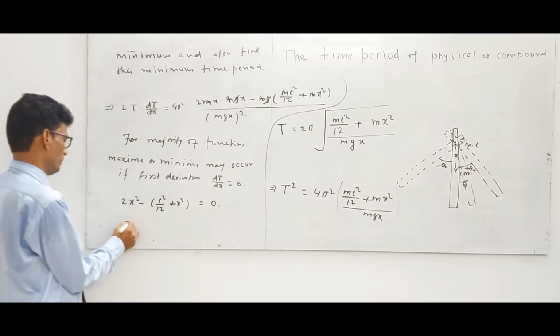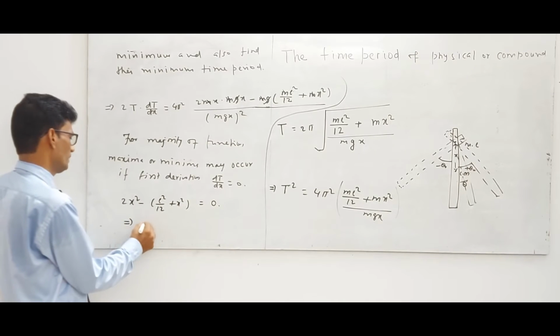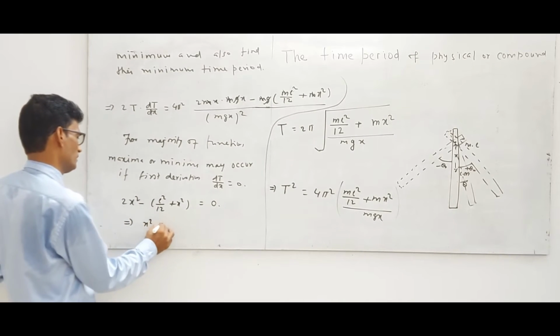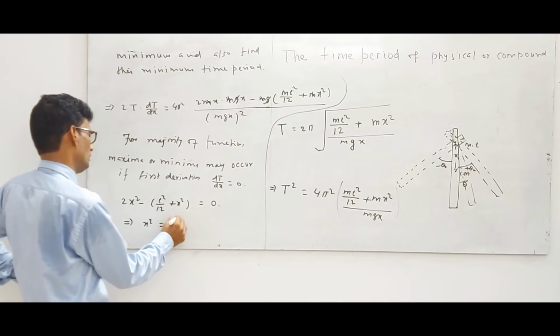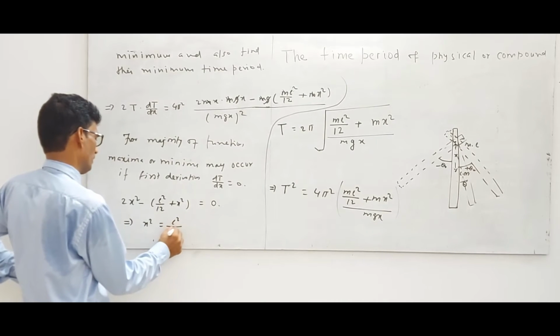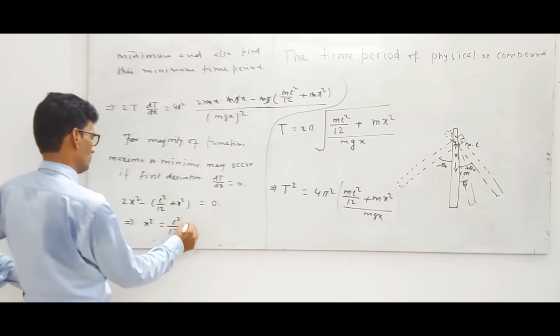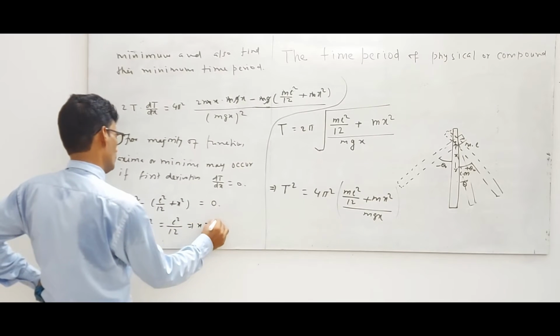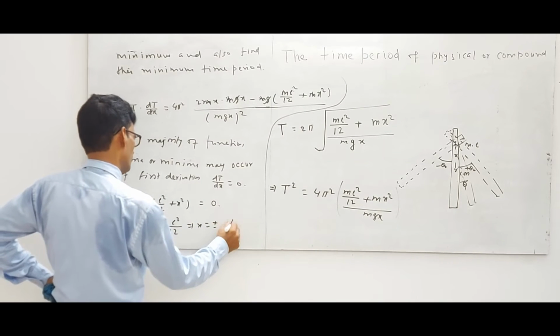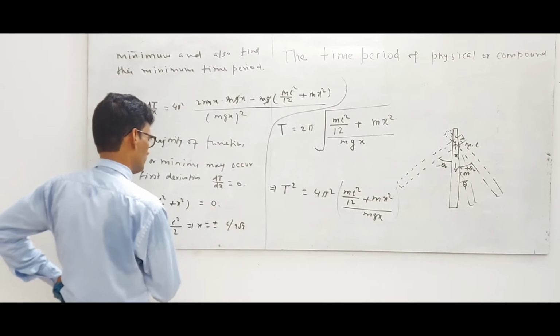So this implies x square is equal to l square over 12. This implies x is equal to plus or minus l over 2 root 3.